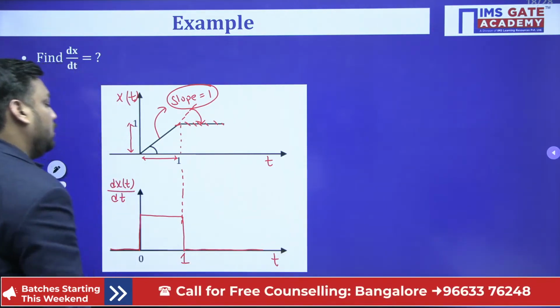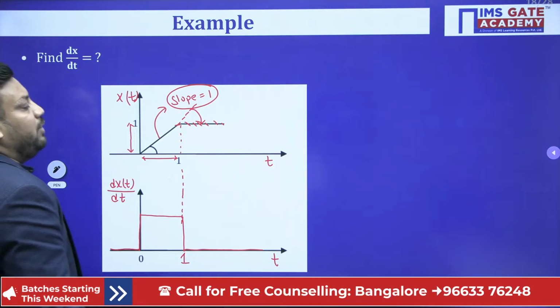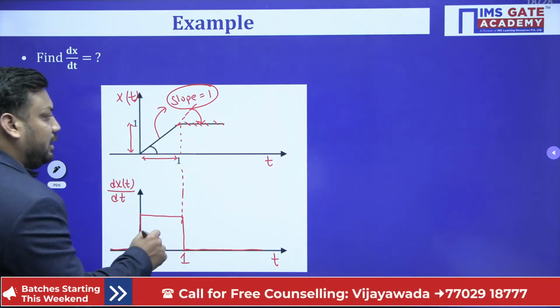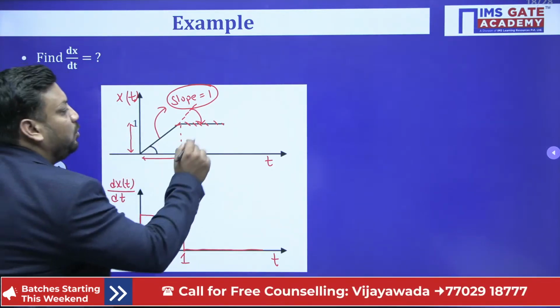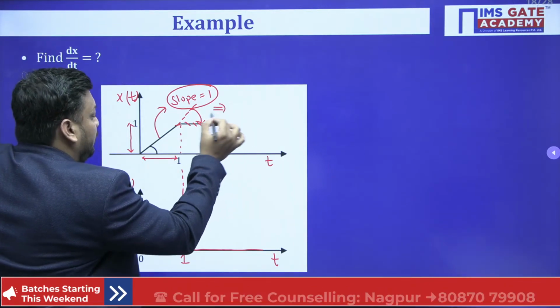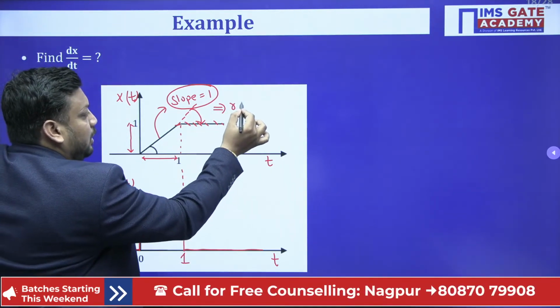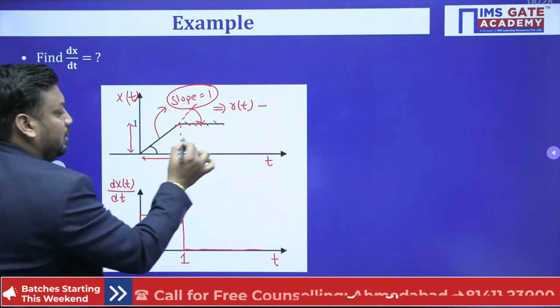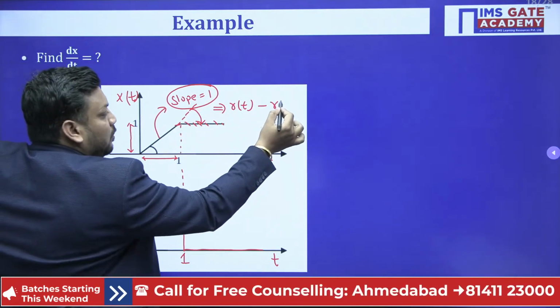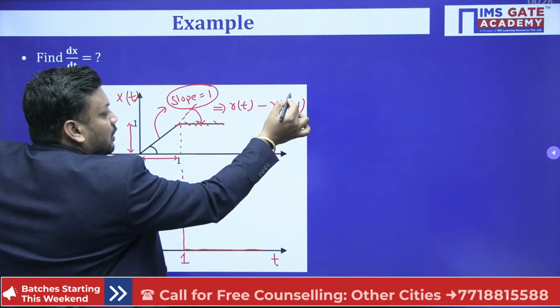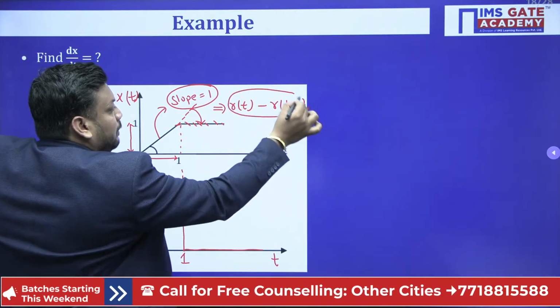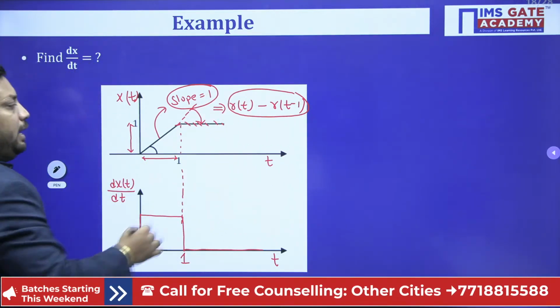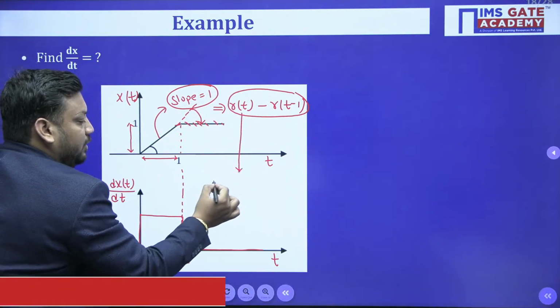So this is the simplest way of differentiation. This is the graphical way. However, if you want to write the mathematical equation of x(t), then it is r(t) minus r(t minus 1), minus because it is downward. This is the second method, the mathematical equation.